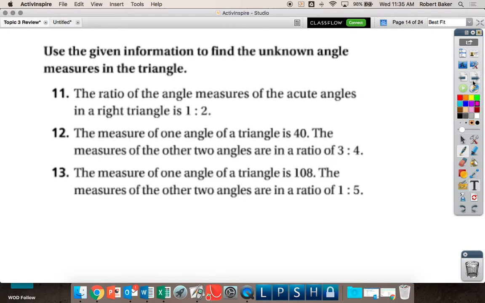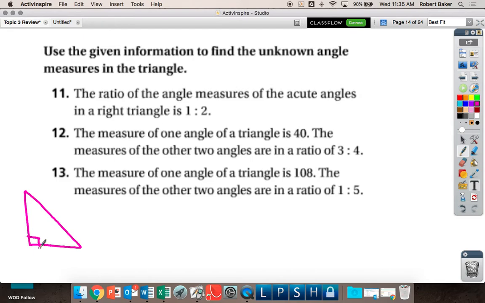It takes sentences of math and asks you to apply geometric concepts to it. The ratio of the angle measures of the acute angles in a right triangle is 1 to 2. So I drew the right triangle. That's as far as I know the answer.